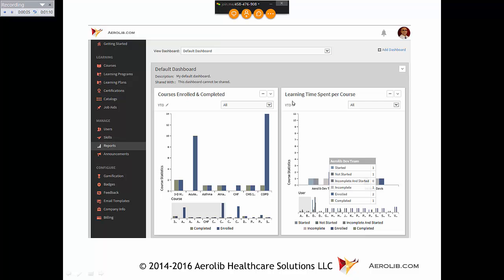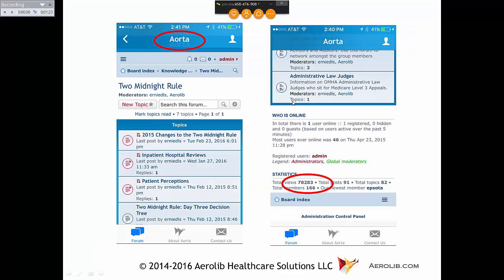We have tracking capability on how many people have logged on, what sort of topics they've viewed, what sort of scores they've given, who's completed what portion of the topics. You all have access to the free Aorta app on the Android and the iOS platform. As of last month, we had about 78,000 views. We have 166 active members that are posting as well as reading material on their iPhones, iPads, on their Samsungs.